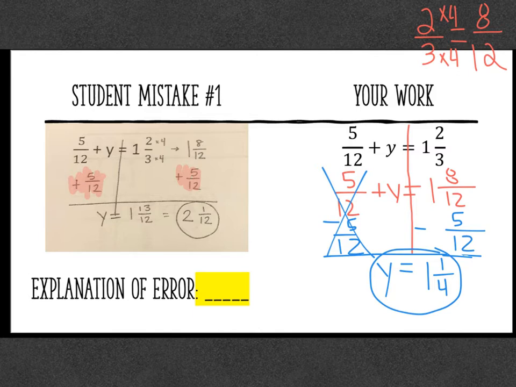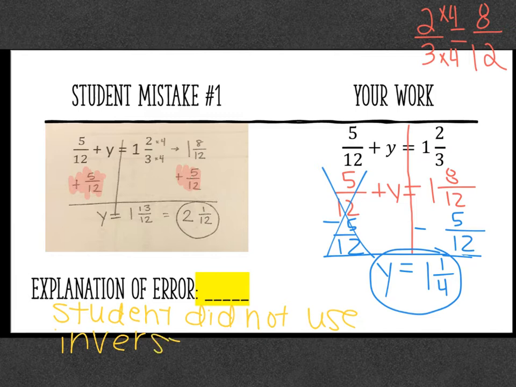So when we write out our explanation, we can say the student did not use inverse operations. You can say this a bunch of different ways. You can say they should have subtracted 5/12 from both sides instead of adding. They should have subtracted on both sides, or there's a bunch of different ways you can say that.